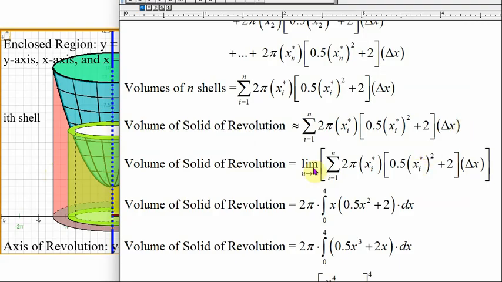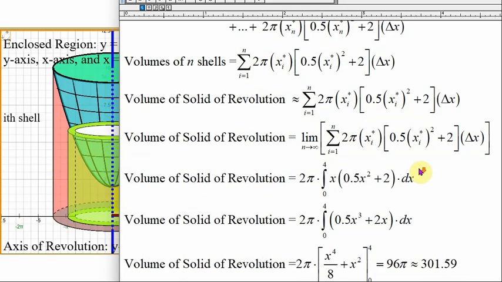And then if we want the exact volume, then we have to divide this solid of revolution into an infinite number of shells. Meaning let n run to infinity. And then we get a limit quantity like this.